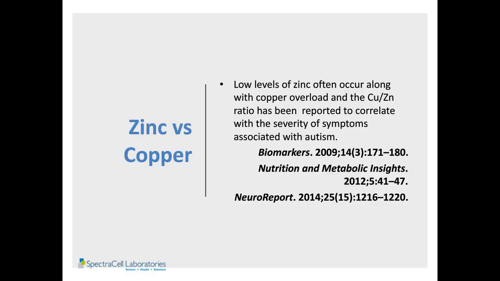One of the things we should always look at when we look at zinc is the ratio with copper. And you can see here that there's some evidence that low levels of zinc often occur along with high levels of copper. Now, once again, it's interesting that copper is related to dopamine, zinc is related to dopamine, and there is some information about dopamine's relationship with autism, along with other conditions.